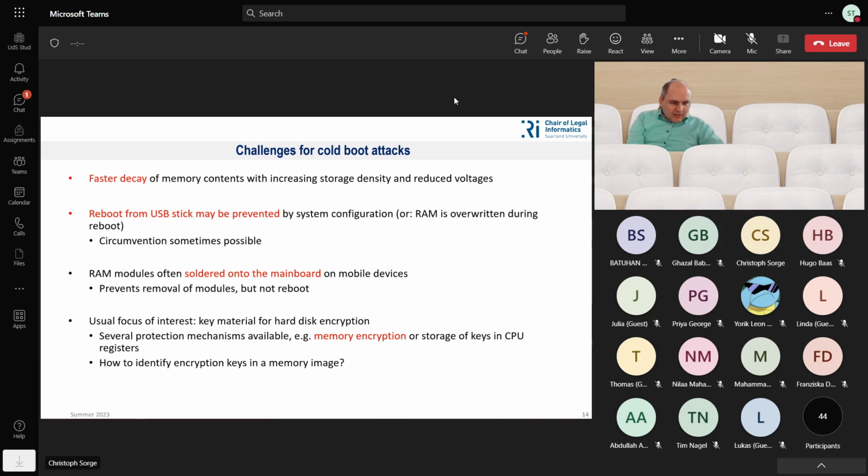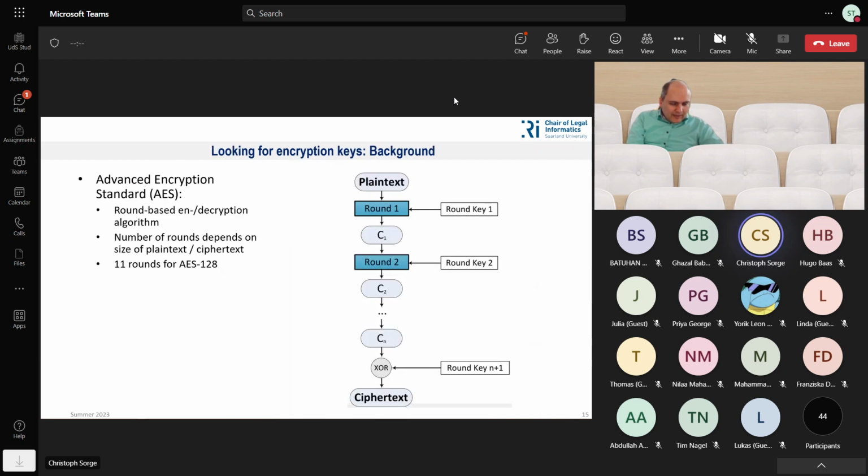Now let me give you some background on one way of identifying or making sure that you found an encryption key. So you could look for some entropy regions in main memory and then make sure that you found an encryption key.